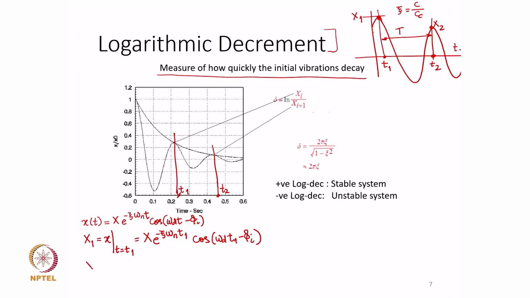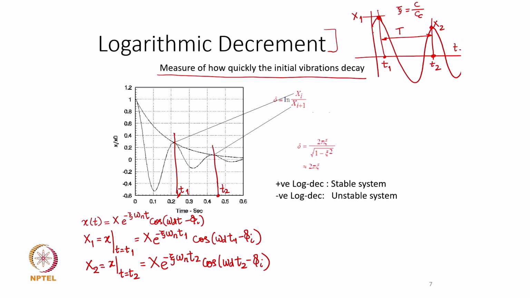Now, the response at time t 2 is going to be x 2. So, x at t is equal to t 2 is going to be capital X e to the power minus zeta omega n t 2 cos omega d t 2 minus phi I.